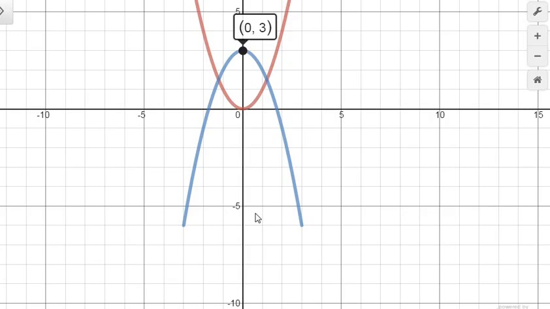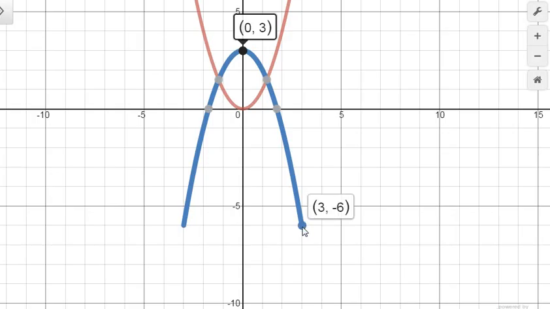Now, in absence of actually counting squares, can anyone tell me how I could figure out what the new range is? How far does this function go down? You can just plug in a 3, right? If you plug in a 3, you get negative 6.